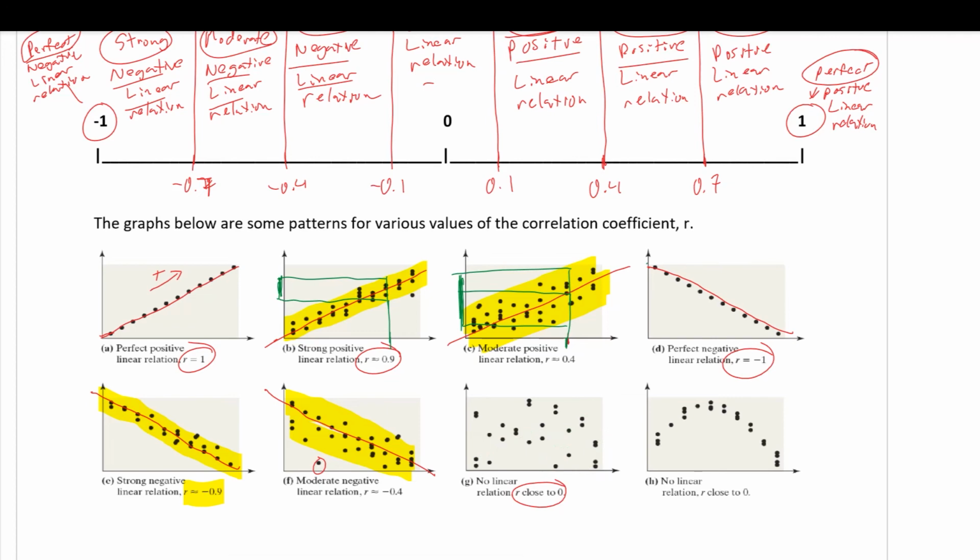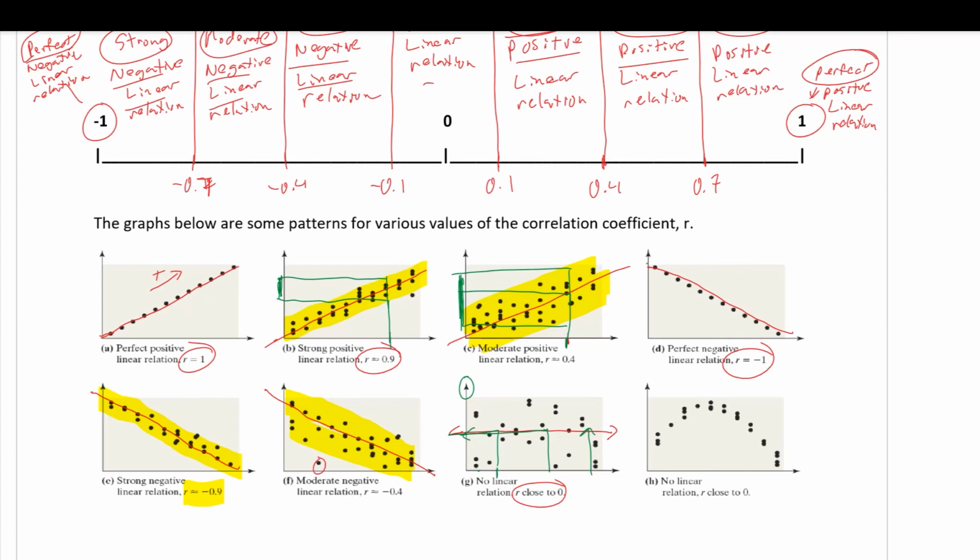In fact, if you were to fit a best fit line through there, it would probably be something like this, meaning that no matter what value of x you have, your best estimate for that is just the average of the y values. So your response variable does not respond to your predictor variable, your explanatory variable. That means there's no signal that it's receiving, so there's no relationship between these two variables.